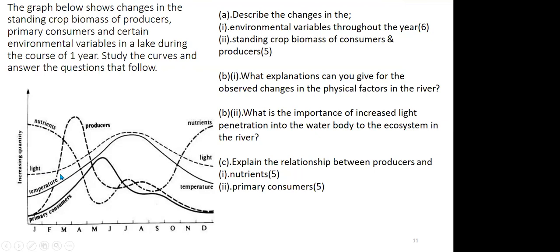Then from February to probably the end of July, or actually July, we see that the light intensity increases rapidly, and then it peaks at around July, and then from July to December we see that there is a gradual decrease.